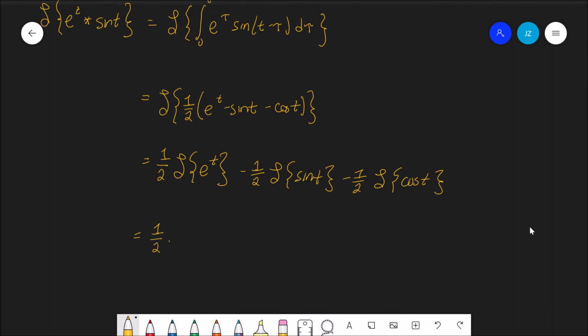So we get a half times 1 over s minus 1, minus a half times 1 over s squared plus 1, minus a half times s over s squared plus 1.